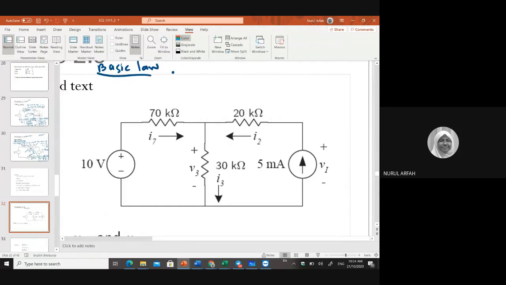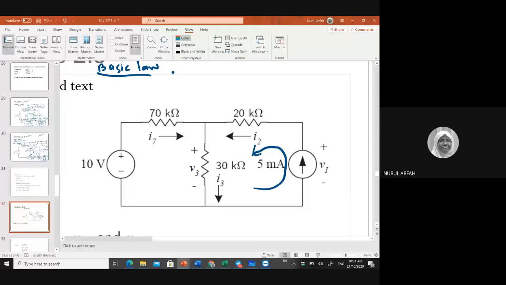What basic law are you going to apply? KVL, where? Both loops, right? If you're going to apply KVL, you need to have imaginary current. So on your right side, are you going to apply counterclockwise or clockwise direction? Counter. Why?